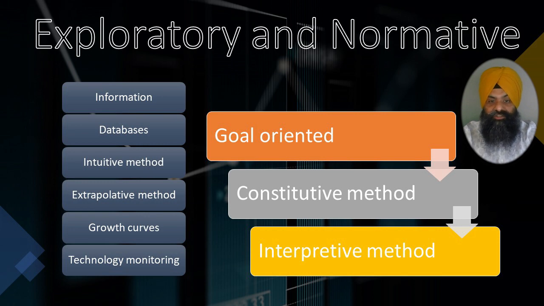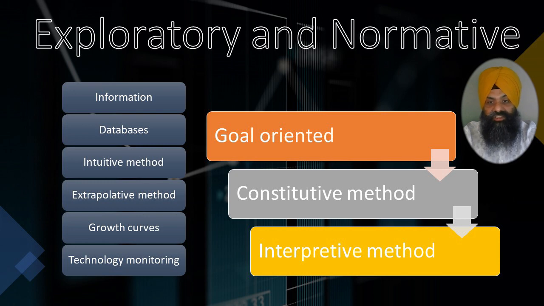Intuitive methods are based on the ability of the experts to assess the future growth. Extrapolative methods use past trends and project them into the future to estimate the future growth. Growth curves use the technology capability and finite limits to lead the unpredictable results in the future growth. Technology monitoring predicts the future growth by monitoring early signs of innovation.